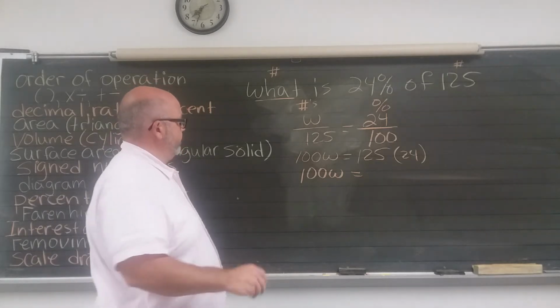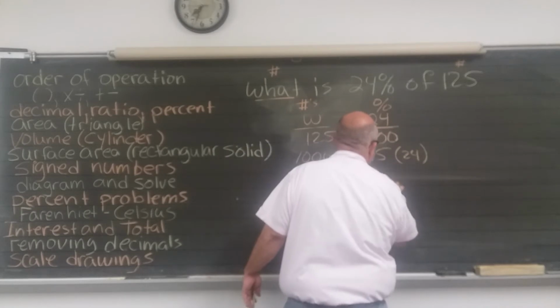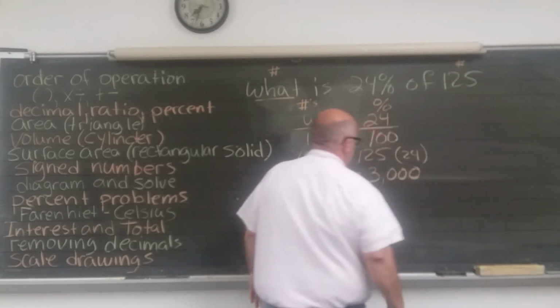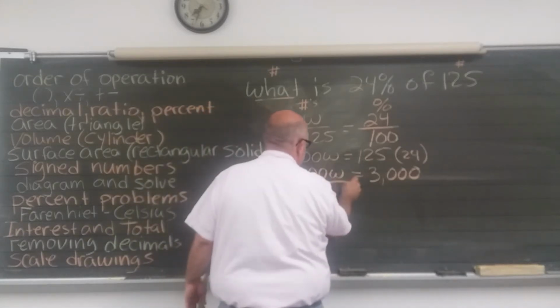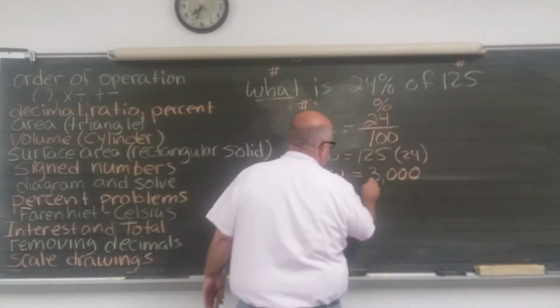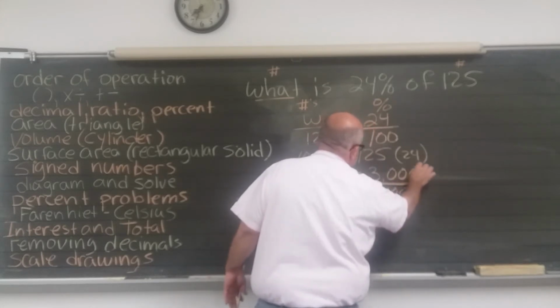125 times 24 equals 3,000. All right? Divide by 100. Whack off 2 zeros, right?